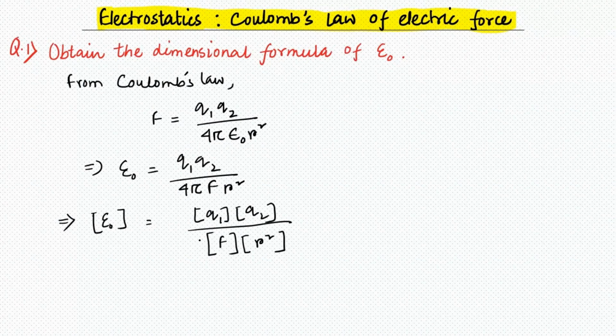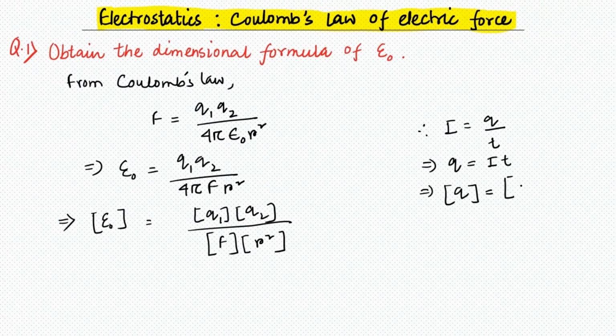Now we know that we don't have any direct dimensional formula of charges, but we know that current I is equal to Q upon T. So from here Q is equal to IT, right? So the dimension of charge is A into time.